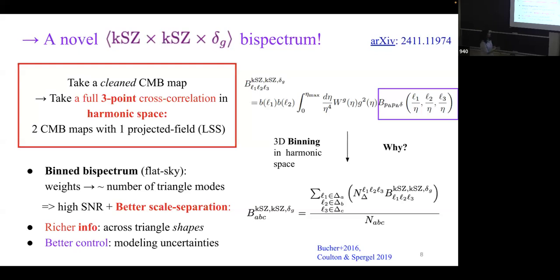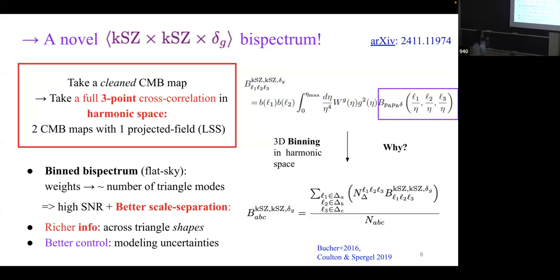The weights that you're seeing here, the N, when you do the binning, is just the number of triangle modes that you have for each particular triangle. By a triangle mode, I mean, instead of having your signal as a function of a single multipole L, it's a function of 3 multipoles which form a closed triangle. That's basically what we are doing here.